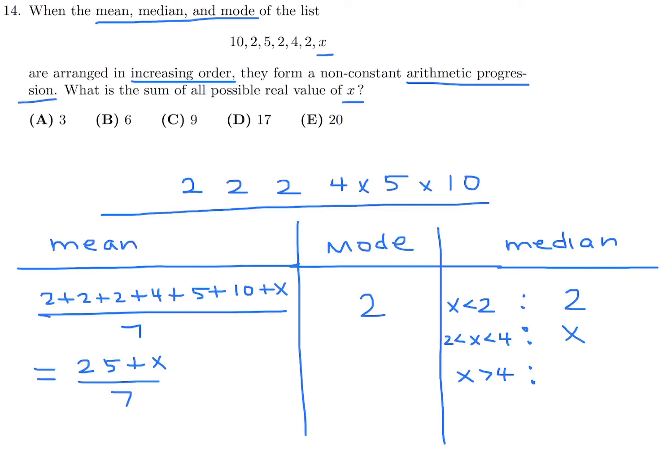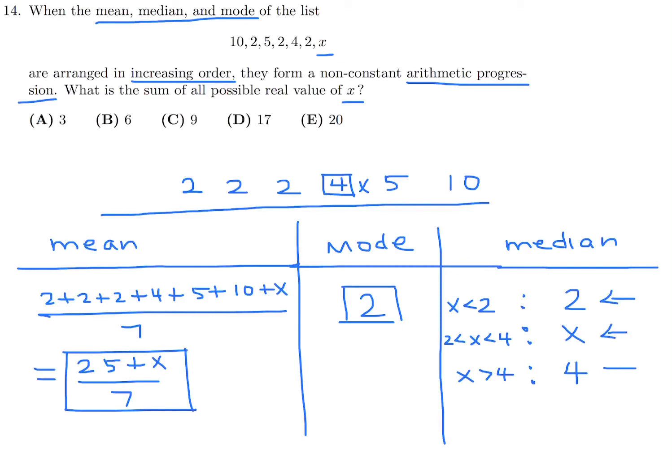We don't know. But it doesn't matter. As long as it's after the 4, the median becomes 4, because the median is the middle value. So there you go. There's the mean, the median, and mode. The mean is always going to be this, 25 plus x over 7. The mode is always 2. And the median has 3 different values depending on what is x.